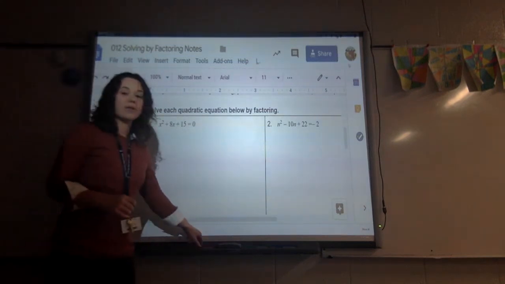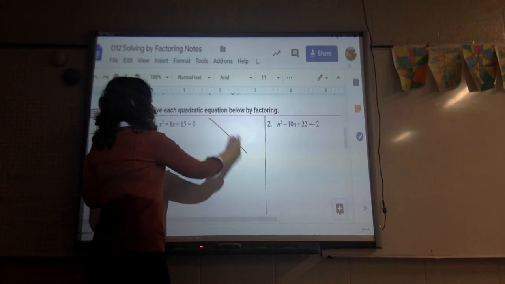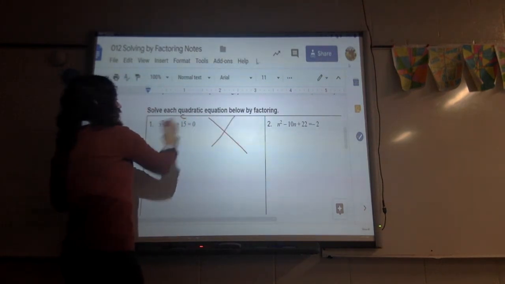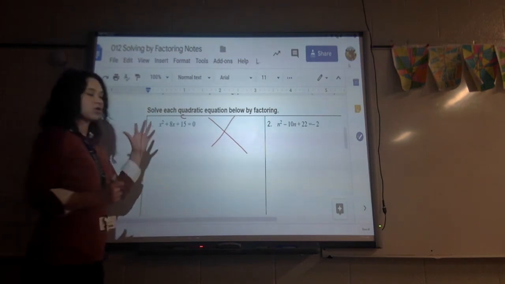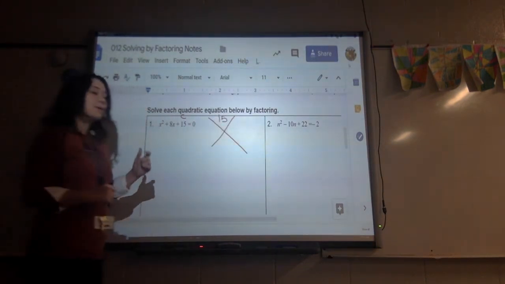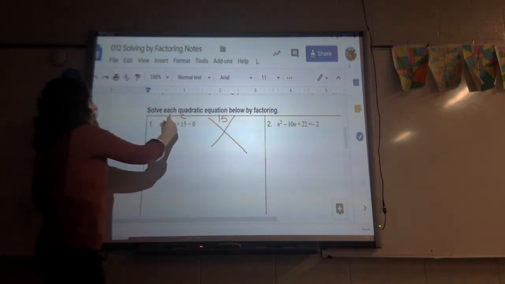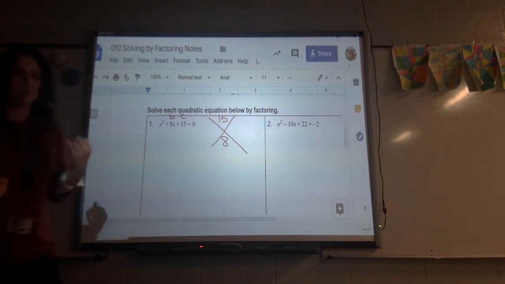When I start to solve by factoring, I'm going to make myself a little organizational tool. I'm going to draw an X. C, or the number that's by itself, always goes on top of that X. So in this case, 15 goes on top. B, or the number that's with X, always goes on bottom every single time. Okay?